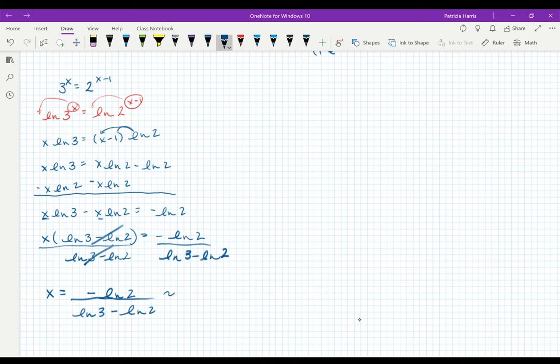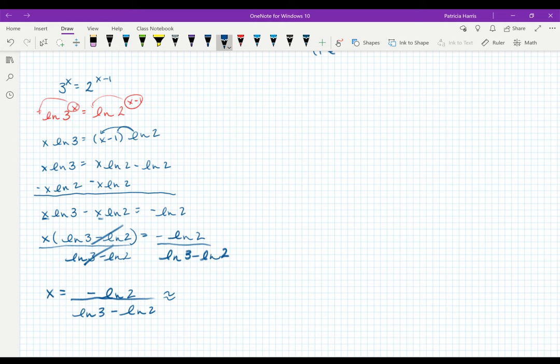If I want an approximate answer, it would look something like this. Again, you're going to lean on your calculator. Now, I have in the past used the Google search bar as a calculator when I couldn't find a calculator.